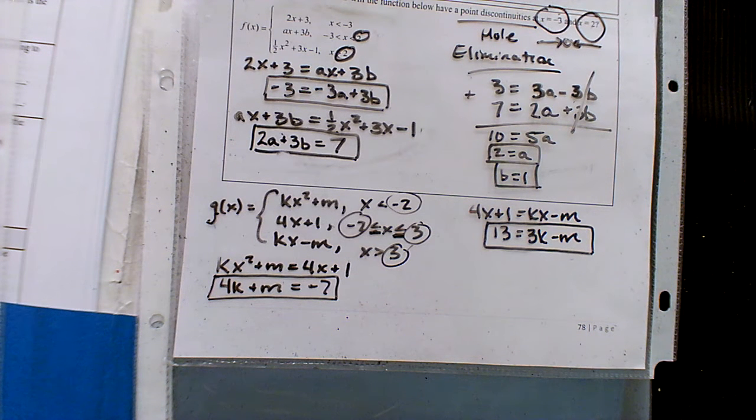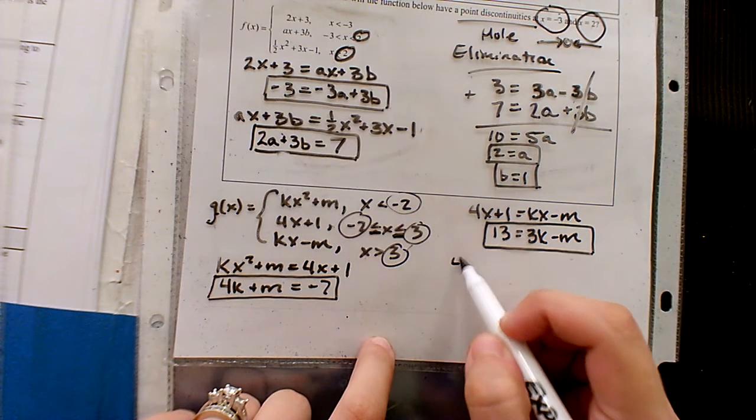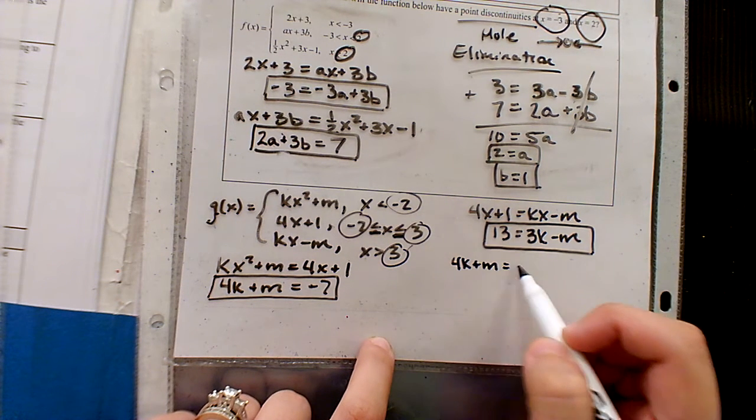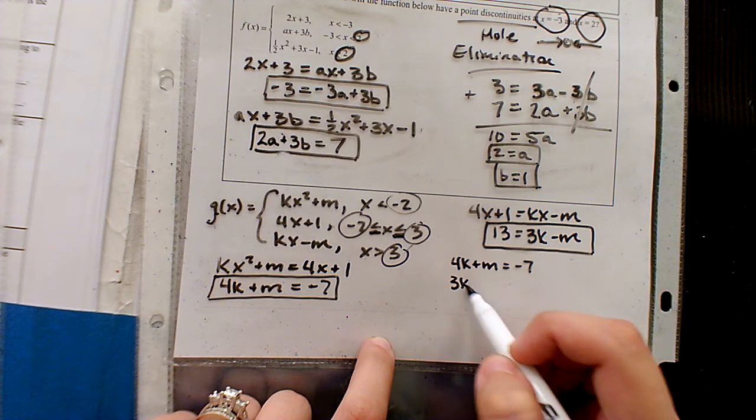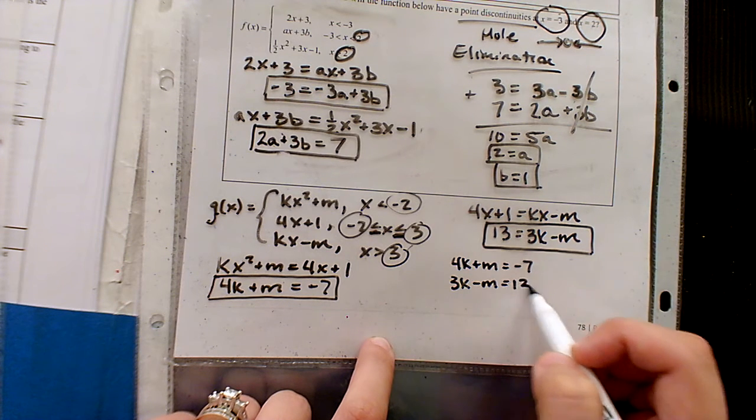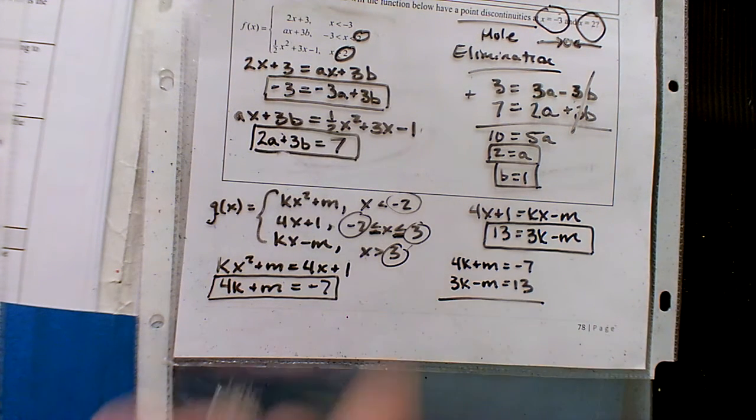I got negative 73 sevenths. Yeah, negative 7. That's what happens whenever you start dealing with sevens.